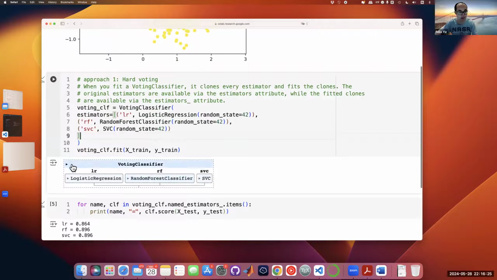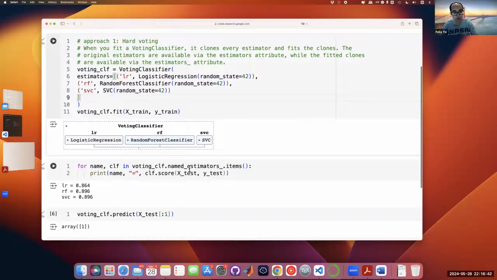By default, that will be hard voting. We are creating three base learners, and I'm using hard voting to make the prediction.